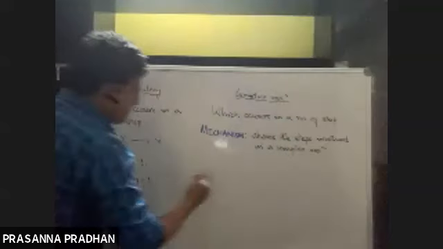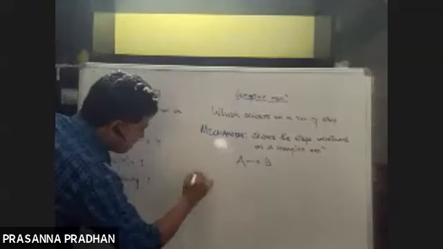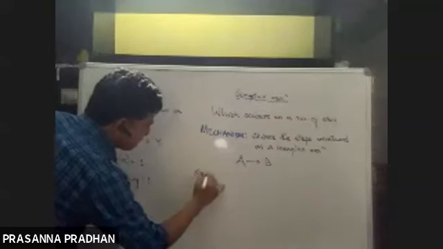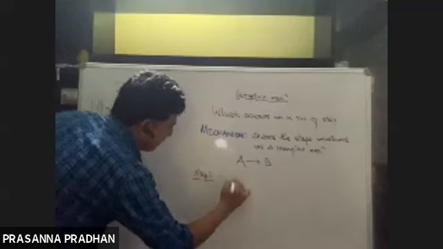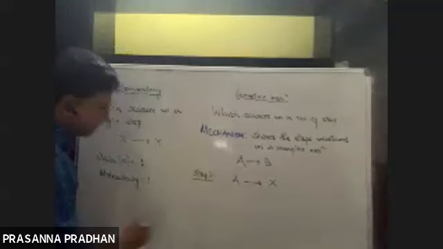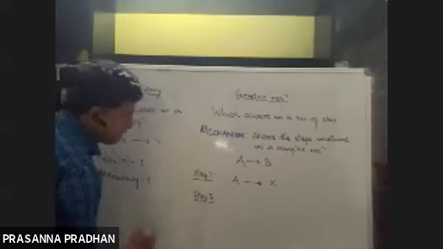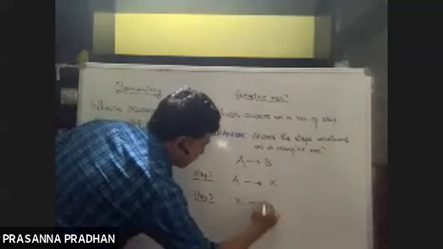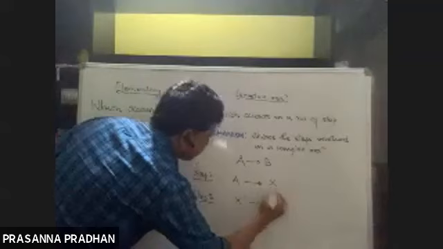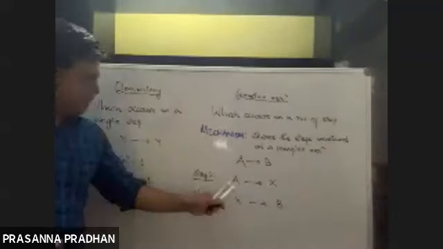Okay, so let me consider this reaction. Suppose this is a complex reaction, A to B. Now let me suppose that this particular reaction occurs in two steps. Say in step 1, A will give you X, and in step 2, X will give you B. So there are two steps involved.